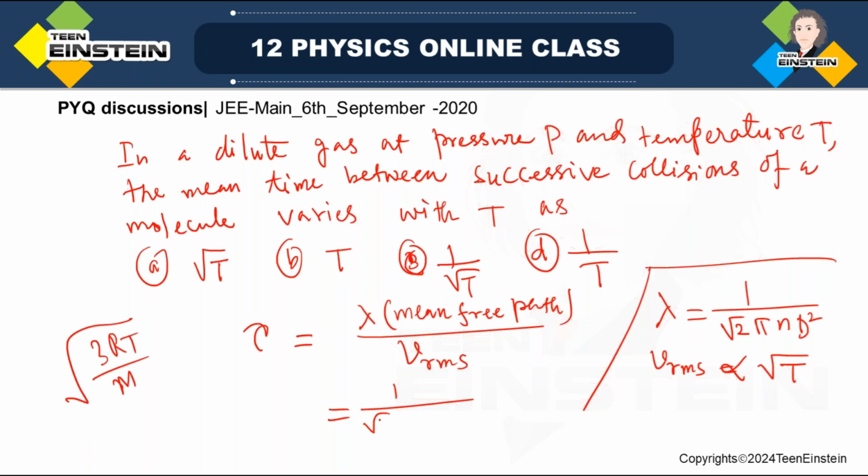So look, this lambda mean free path is this, and VRMS is actually some k square root of T. That means tau is inversely proportional to the square root of T. So option C is the correct answer for this question.